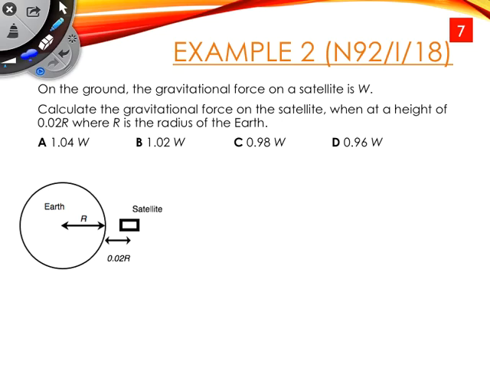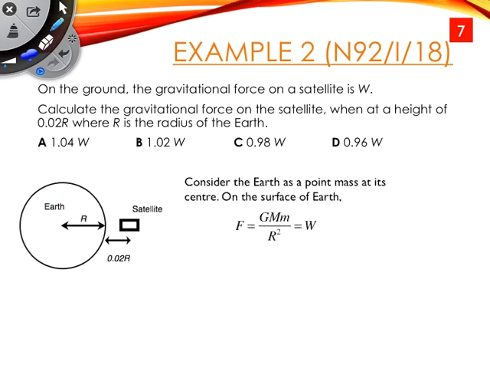Example 2, I believe you don't have to copy. On the ground, the gravitational force on the satellite is W, which is basically the weight of the satellite. Now I'm going to lift the satellite a bit higher off the ground, by 0.02 R, where R is the radius of the Earth. First, I can write this equation, considering Earth as a point mass at the center.